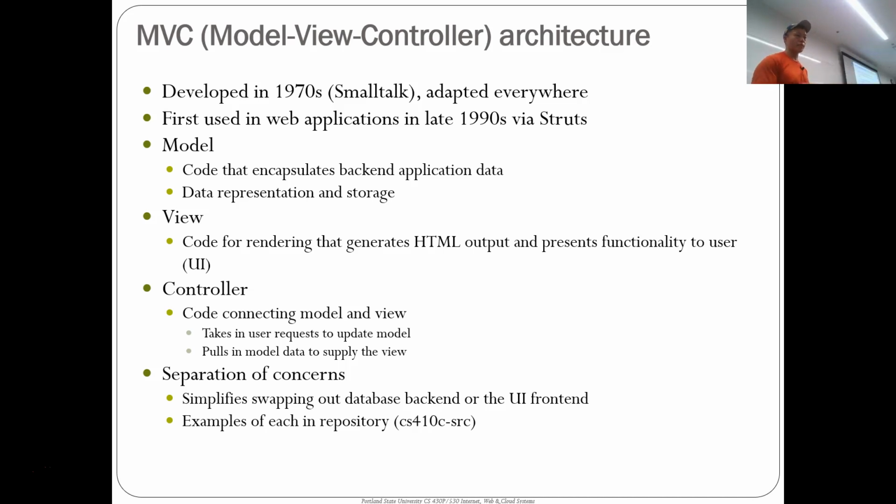Because what you'll end up, if you want to go from a legacy database backended web application to a cloud native sort of serverless database backend version, if you have done this separation of concerns very well, the amount of code that you have to change is tiny. And this is what you're going to do.